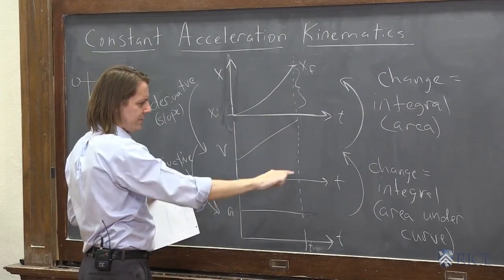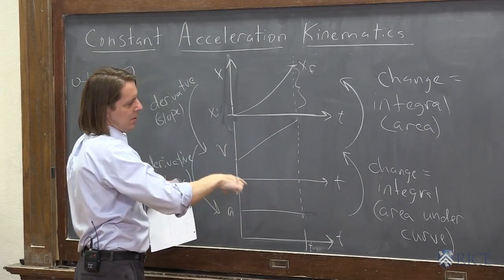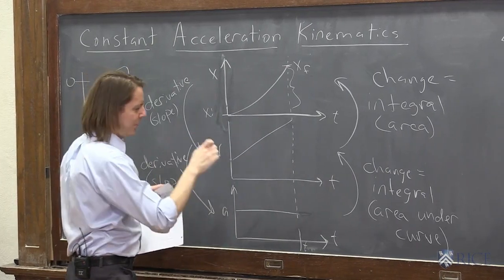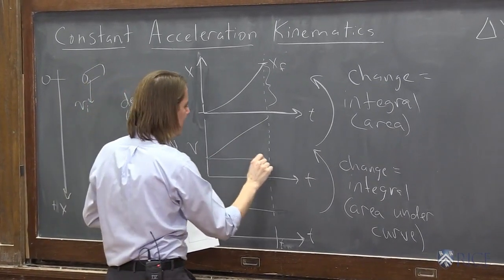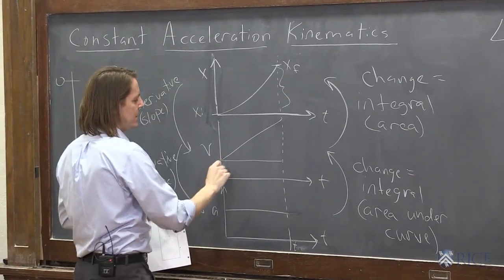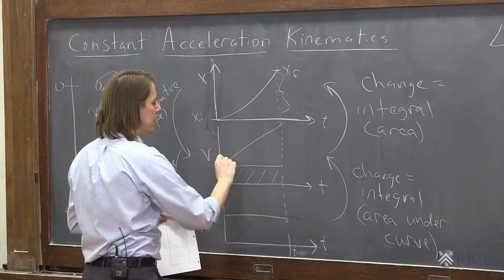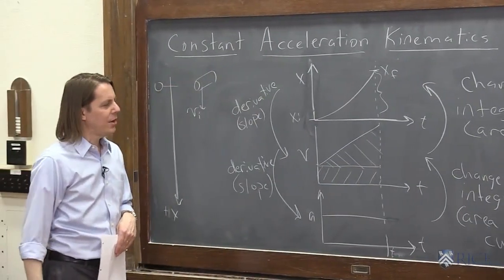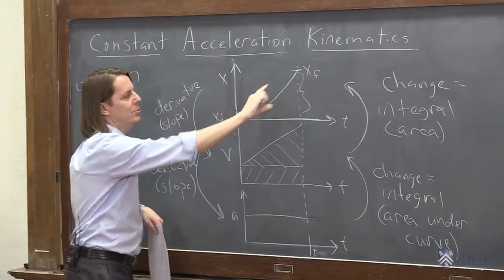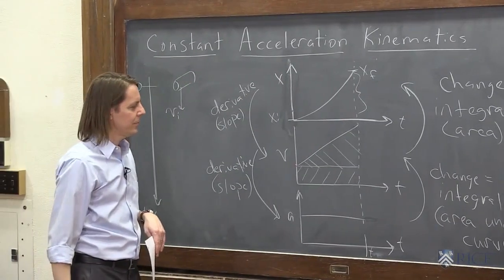So this is a lopsided trapezoid. I don't know my geometry anymore. But I know what I can do is break it up into a rectangle here and a triangle there. So I just need the area under those two shapes, and it will be equal to delta x.